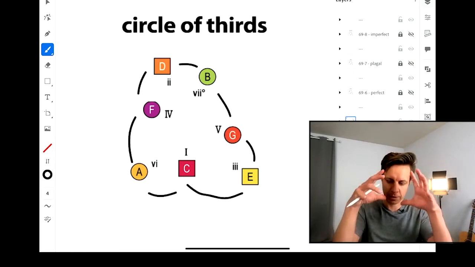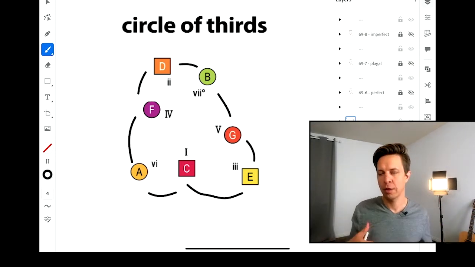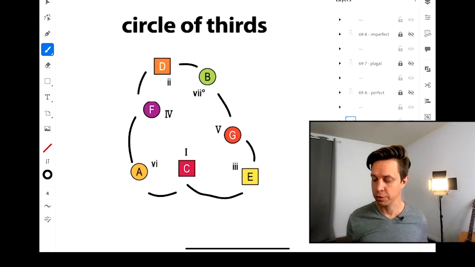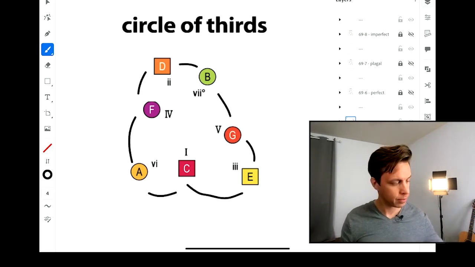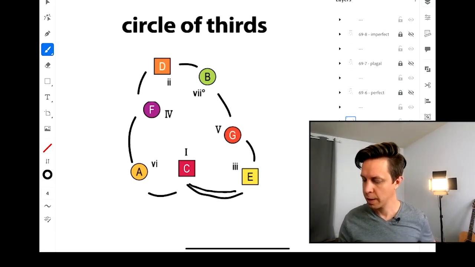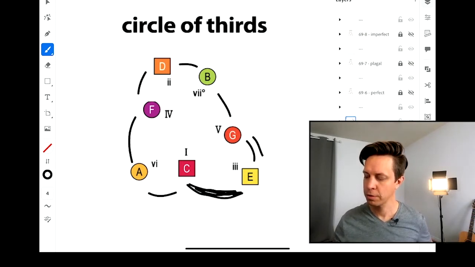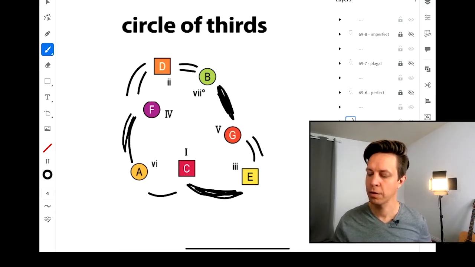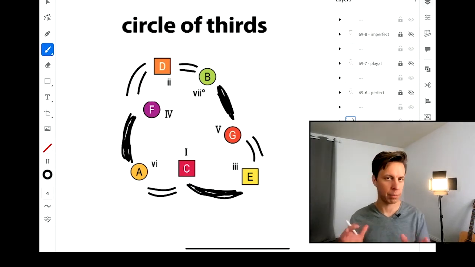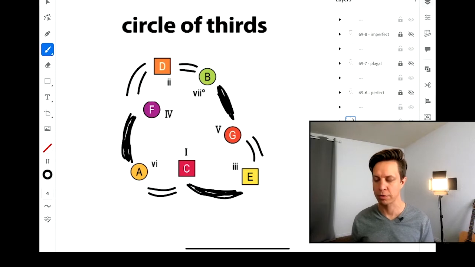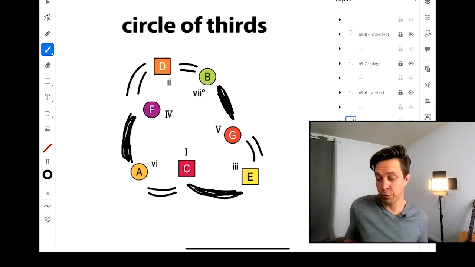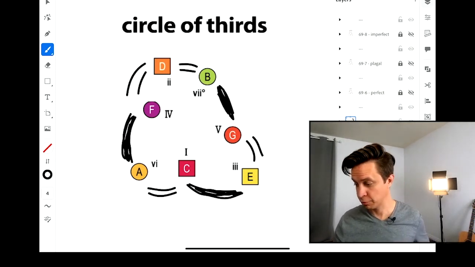It's not a perfect round circle, but it's a loop, so we call it the circle of thirds. Here we have a major third, a minor third, a major third, a minor third, another minor third, a major third, and then a minor third. So we've got some major thirds mixed in with minor thirds, and these form a bunch of chords.